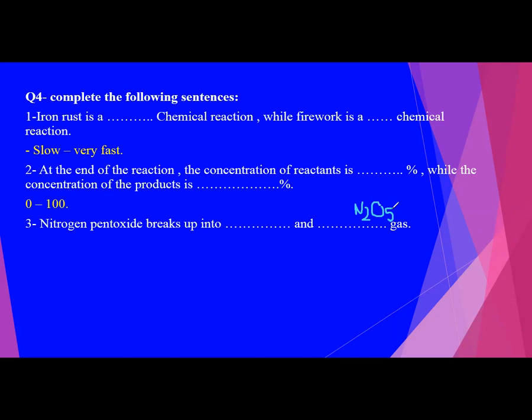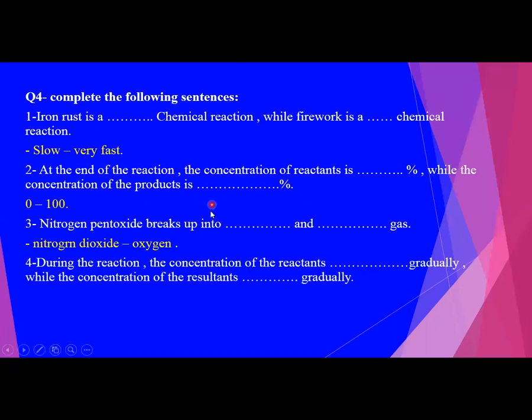So N2O5, with 5 oxygens, gives me NO2 plus oxygen gas, as we'll see now: nitrogen dioxide and oxygen gas. The oxygen here is O2 and the nitrogen dioxide is NO2. During the reaction, the concentration of reactants dot gradually, while the concentration of resultants or products dot gradually.